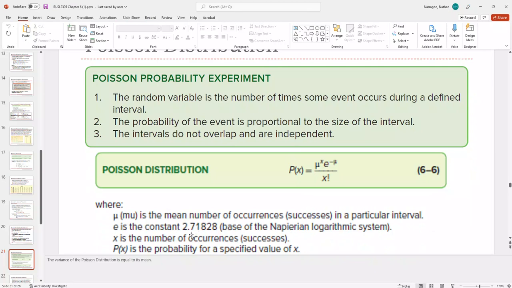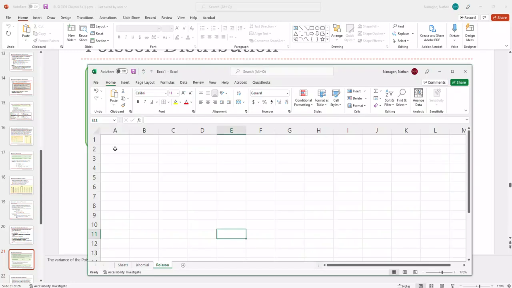Again, e is a constant, it's always 2.71828, and we can actually input each of these elements as we would for other formulas. But since you're watching this video, we'll show you the other way. So again, I need x, and then I need the mean.